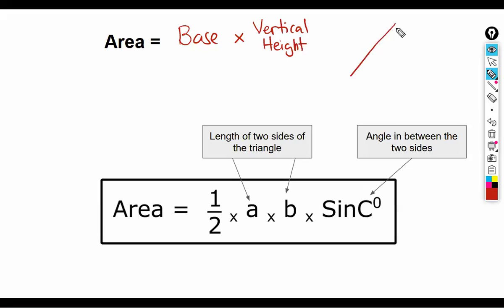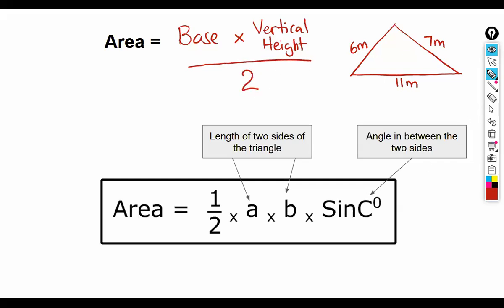Because if you have a triangle like this, if I call the base 11, and here's 6 meters, and this here 7 meters, it's base by vertical height divided by 2. That's the most common formula.